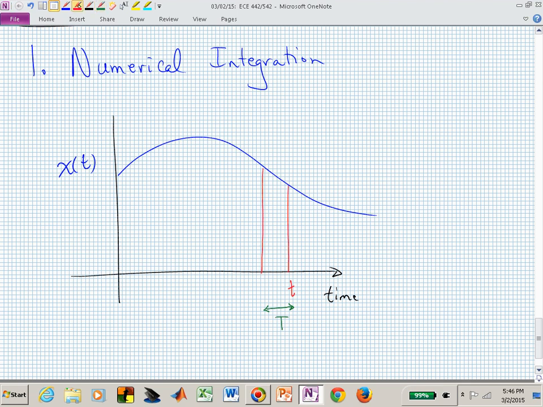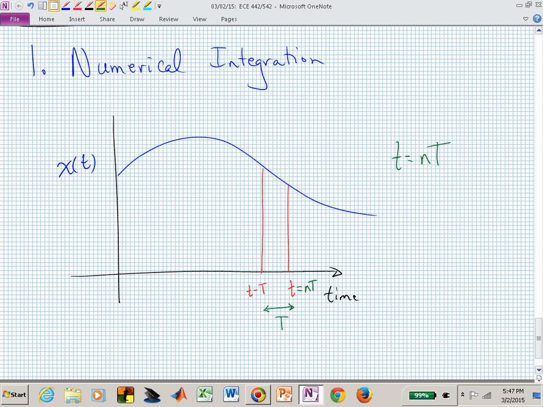Consequently, this point to the left of little t is little t minus capital T. And we will sample the time axis. We will subdivide it in terms of integer multiples of the sample period capital T, meaning little t is now some n sample periods into this waveform x.